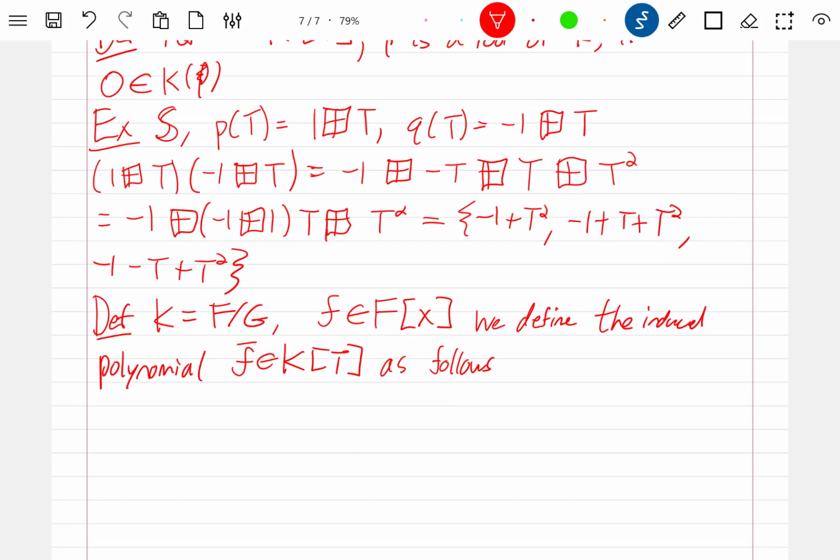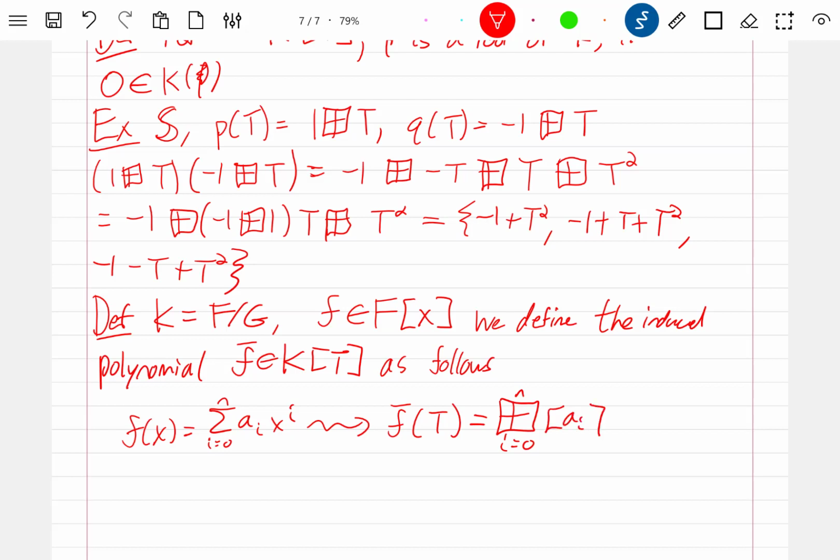If I have f of x, and it is the sum from i equals 0 to n of a_i x^i, this will give me the polynomial f bar of t, which is going to be the hypersummation of the equivalence classes of those a_i's and then t to the i.